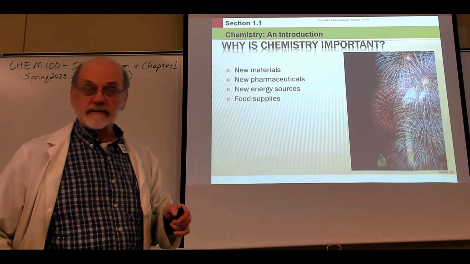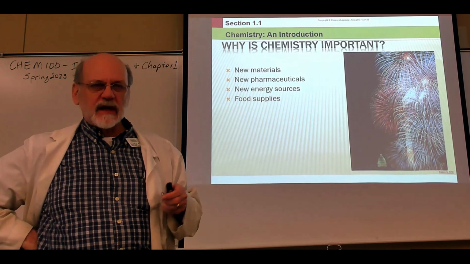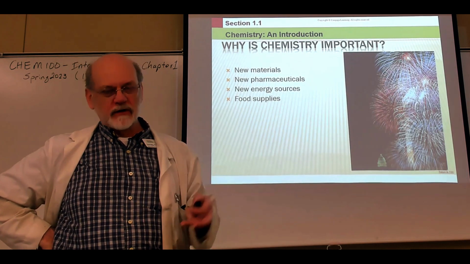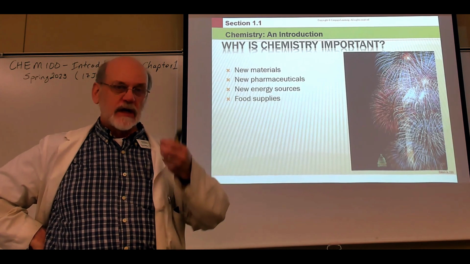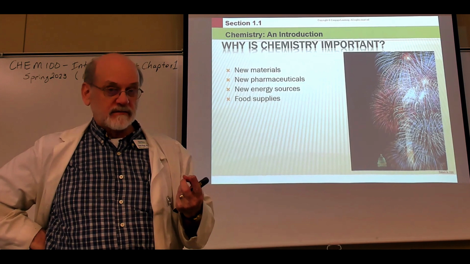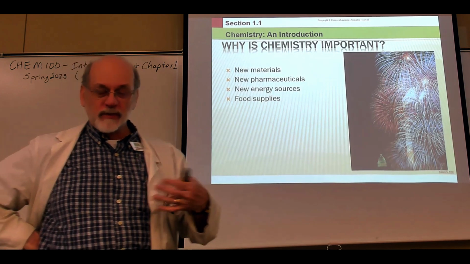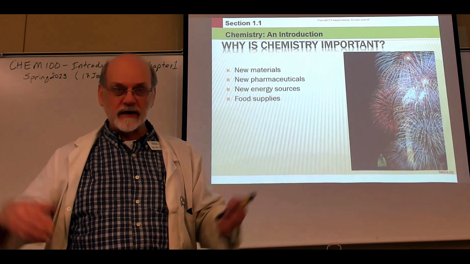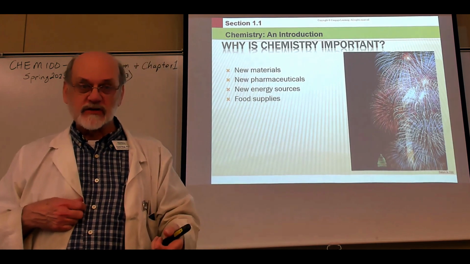Food supplies. Right? When I was coming up in the early 70s, we had what was called the Green Revolution. Two things were happening. Cheap fertilizers, primarily nitrogen, to help the plants grow taller and faster and produce more product, and genetic manipulation.